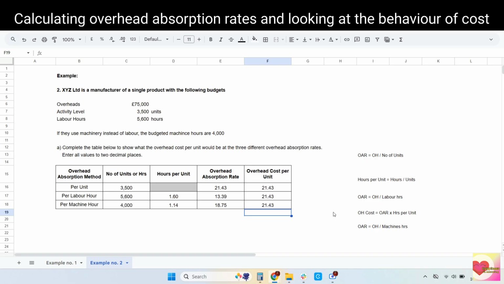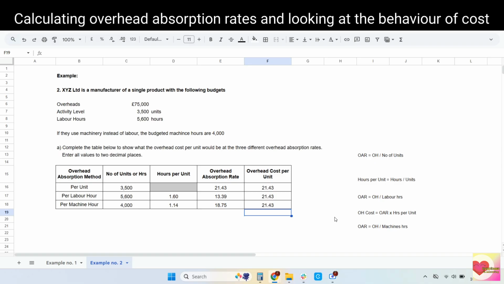Before I end this video, let me just give you a quick tip. We have to always follow whatever instructions are given in rounding off the figures. Sometimes it's rounding off to whole pounds, sometimes to 2 decimal places. So be very careful in rounding off.